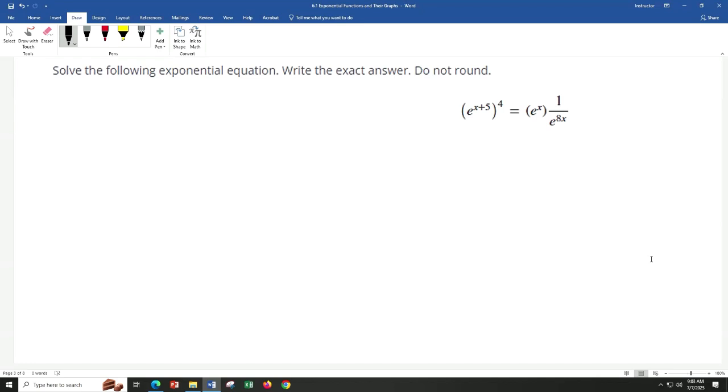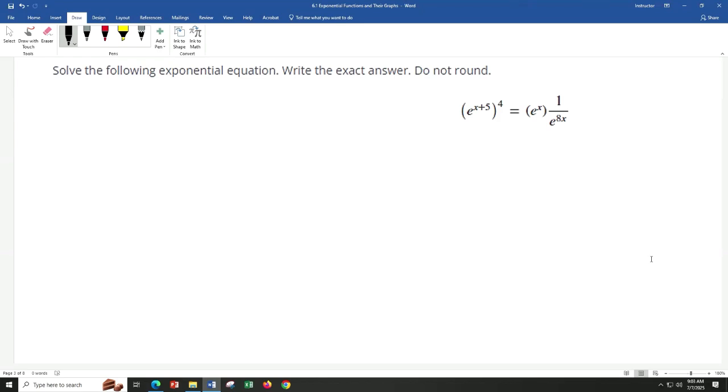E is not a variable. That's called Euler's number. Spelled Euler, but it's German, so it's pronounced Oiler, or Austrian, something like that. And you're going to learn all about Euler's number in this, because now you're learning about it. It's like pi. There's a specific number that is associated with that.